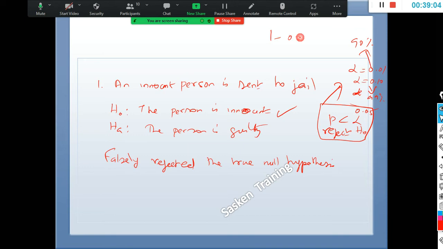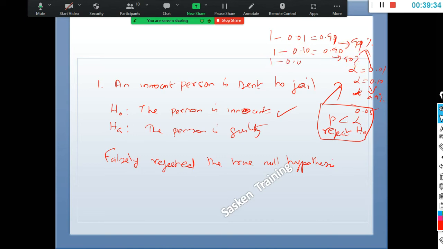So 1 minus 0.01, how much do you get? 0.99, which is 99%. And 1 minus 0.10 is 0.90, which means 90% confidence.